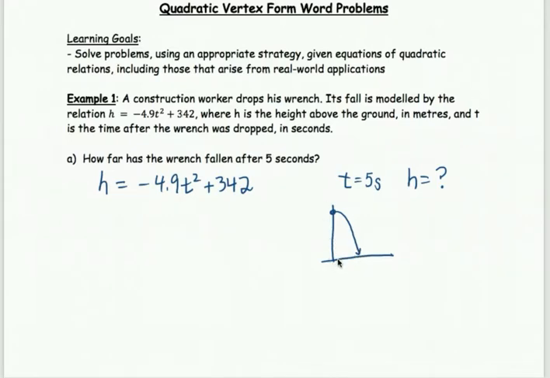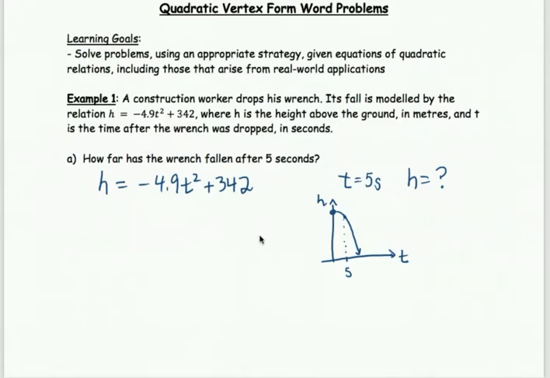All right, so this is the time that's going by, and this is the height of the building or wherever he's standing, and we want to figure out, at about 5 seconds, say right there, how high is the wrench? That's what we're trying to figure out.